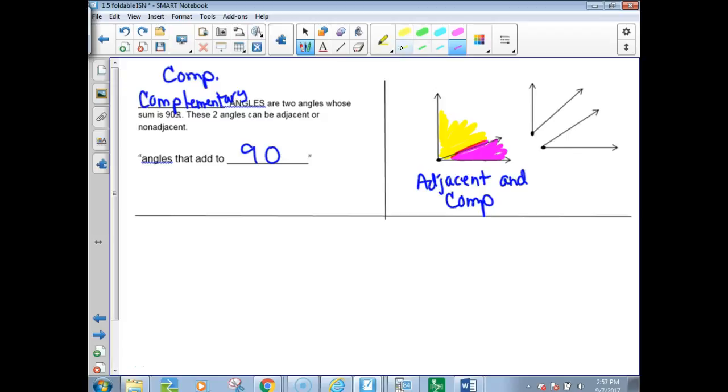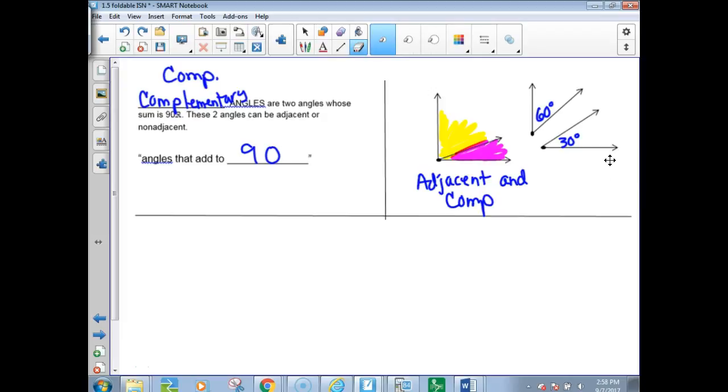Okay, and then these two up here, if one of them was 60 degrees and one of them was 30 degrees, because they add up to 90, these are non-adjacent. I forgot a letter in that word. It doesn't look right there.